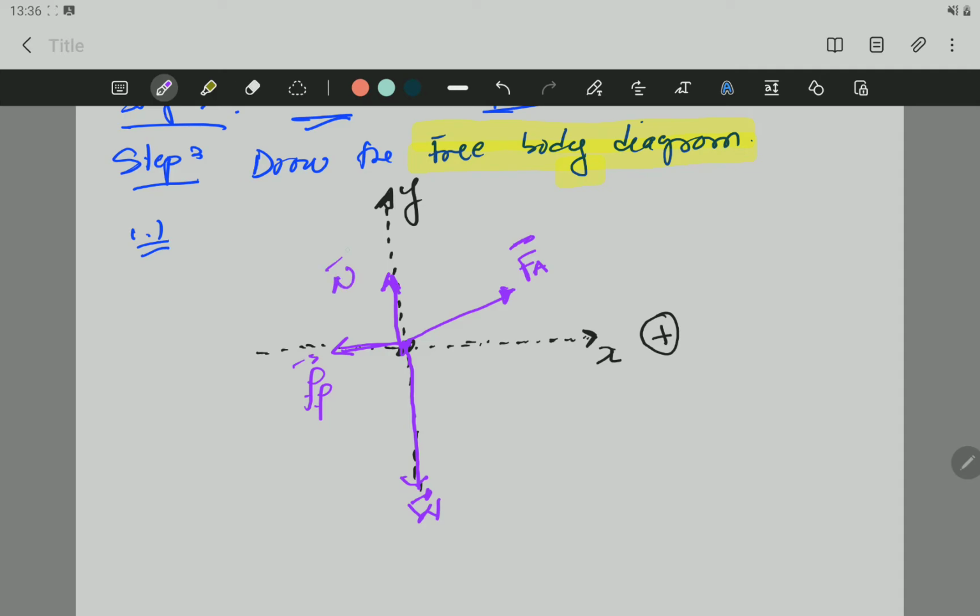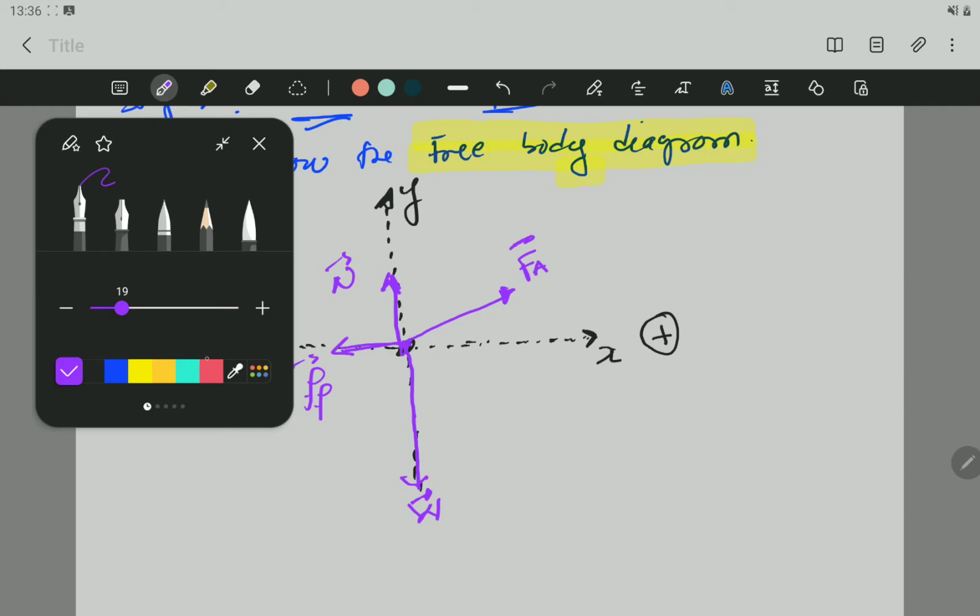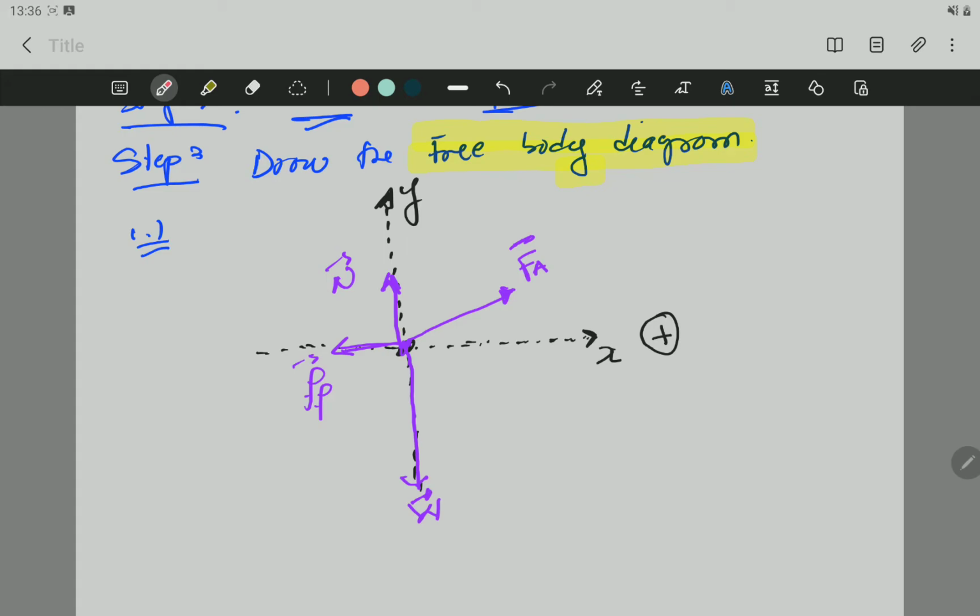This is normal force. Now, when you did vectors, you learned that if the vectors are not right on the axis, you have to determine and find out the components. So this vector has a component in the x direction.